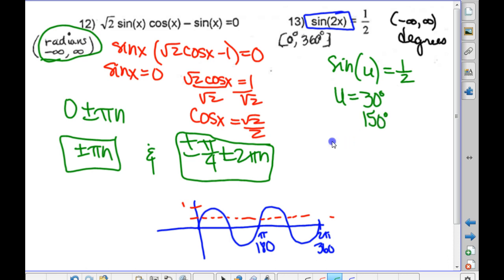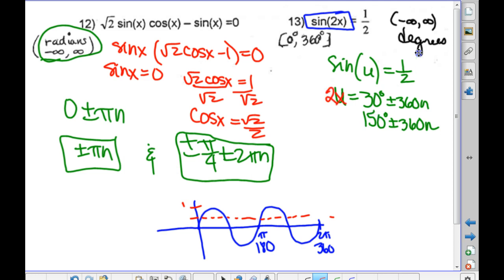And it would repeat every, on the unit circle, 2 pi, but we're in degrees. But what is U? U is 2x.